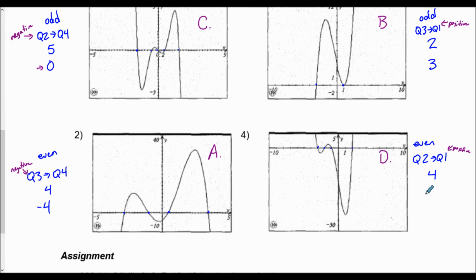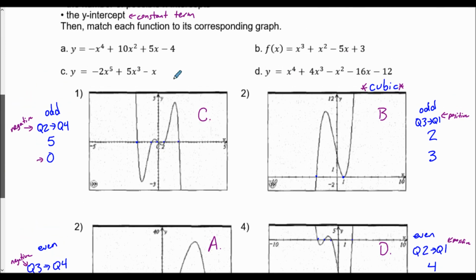Its y-intercept is -12. Why do I know it's -12? Because of the equation. The only even-powered polynomial that has a positive leading coefficient is this one. It would have a y-intercept of -12.